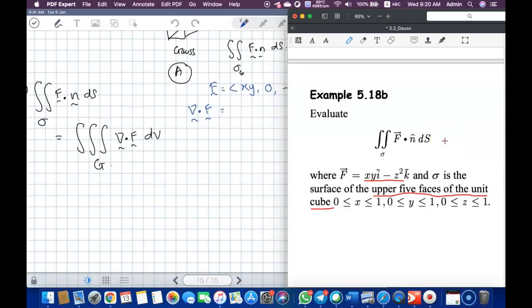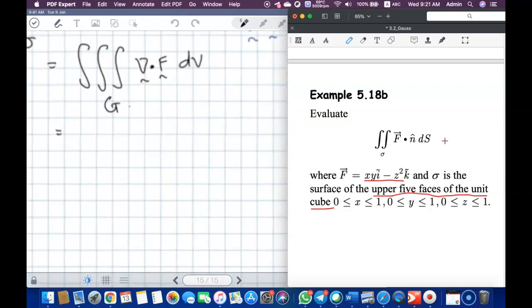Finding the divergence, del x of xy plus 0 plus del z of minus z squared, will give you y minus 2z. Okay, so then we can have y minus 2z dV.